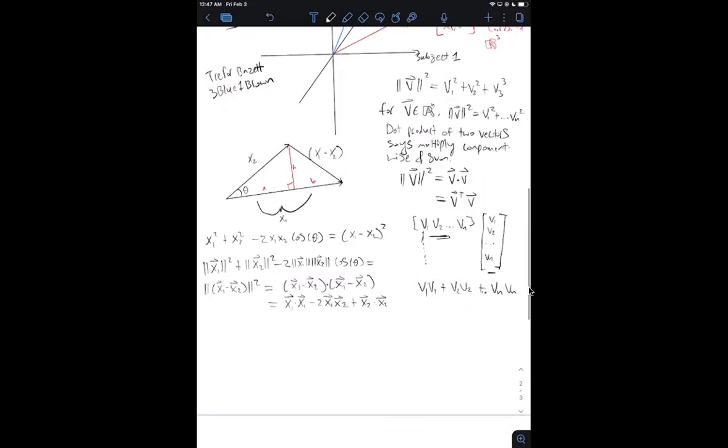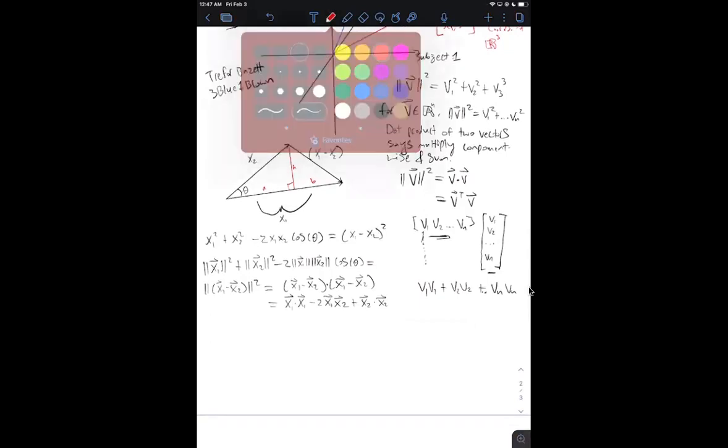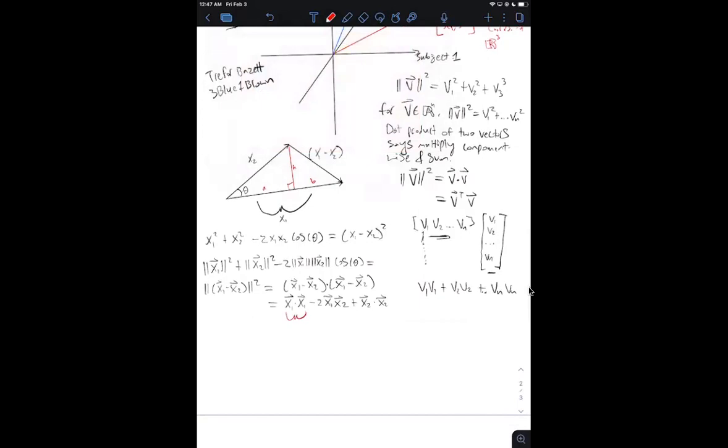So now let's recall conveniently that this here is equal to, from how we defined it before. Remember that we said this also gives the square length, the length of x squared. So conveniently, this is just equal to this. This is just equal to this.